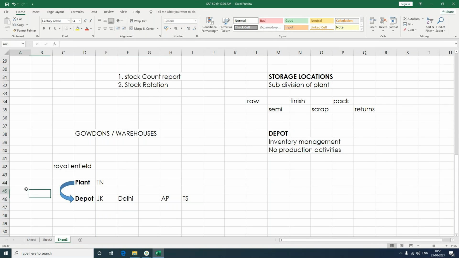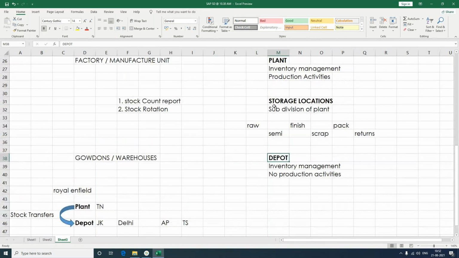So this concept is what we call stock transfers, where we transfer the stock from one location to another location. If you want to work with stock transfers, we require a depot and we require a plant. Please understand the difference between a plant and a depot and what the use of it is.